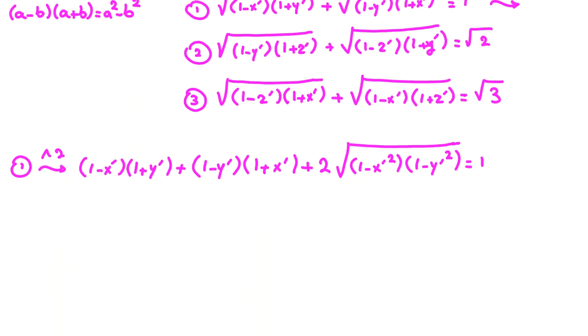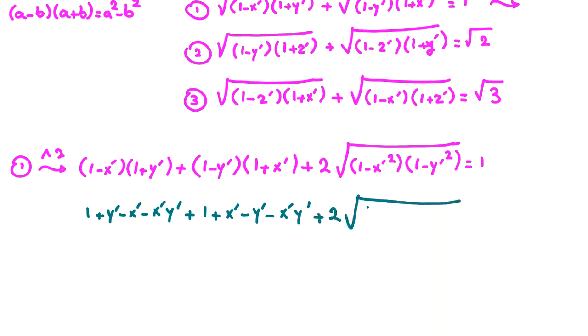Okay? Now, let's simplify more. If we multiply, it will be 1 plus y prime minus x prime y prime plus 1 plus x prime minus y prime minus x prime y prime plus 2 times square root of (1 minus x prime squared)(1 minus y prime squared) equal to 1.